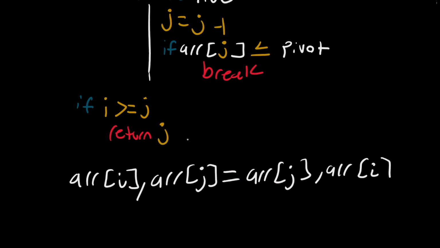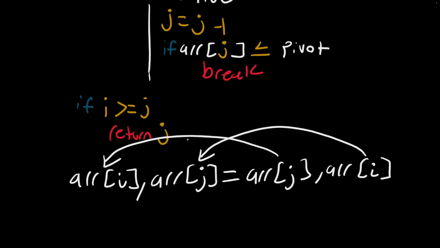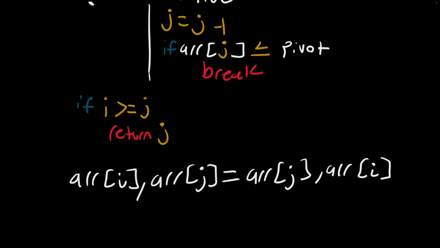This means that this j entry goes to here, and that this i entry goes to j. So this is just a shorthand for swapping. This is possible in Python. But if you can't do this, you're going to have to have a temp variable there to make the swap happen.